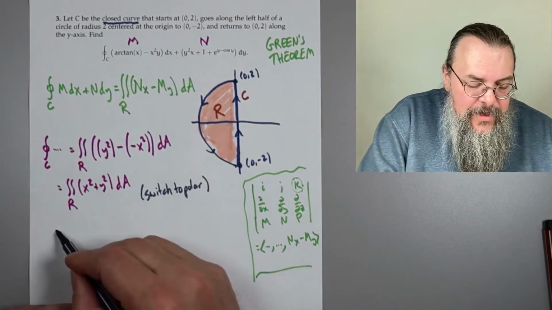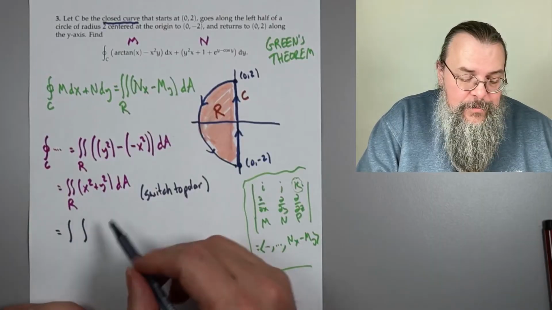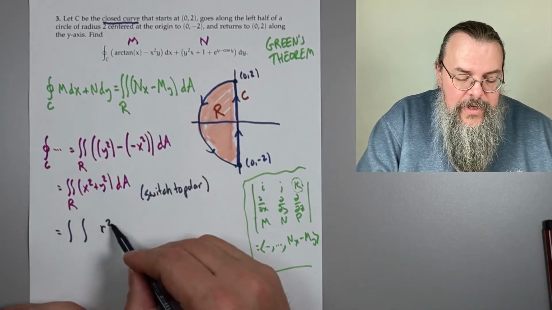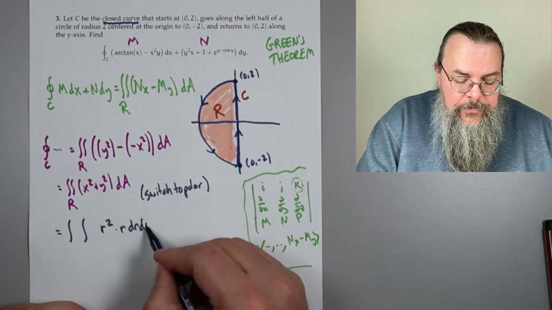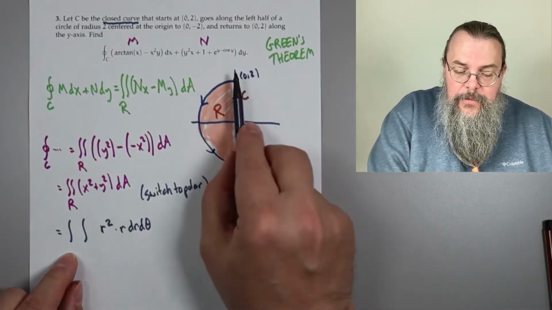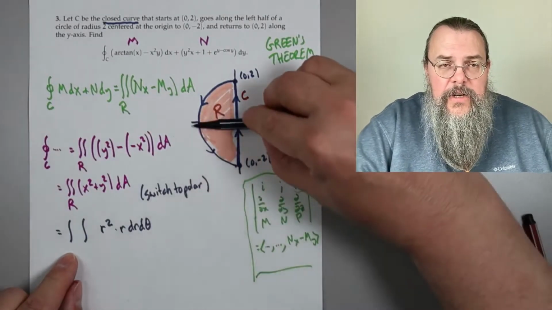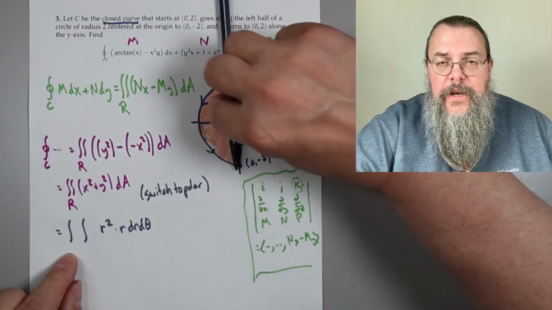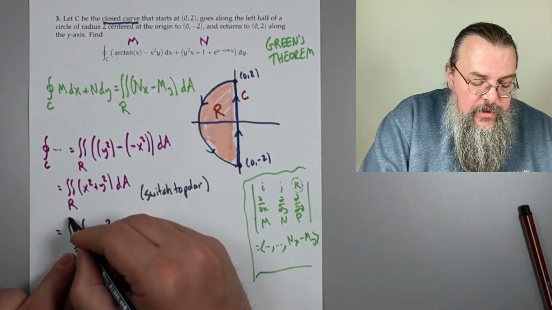Okay, so the integral, x squared plus y squared in polar becomes r squared. dA in polar is r dr d theta. Now, where is theta? Well, we're starting here at pi halves, and we're going to go, there's pi, all the way to 3 pi halves. So from pi halves to 3 pi halves.